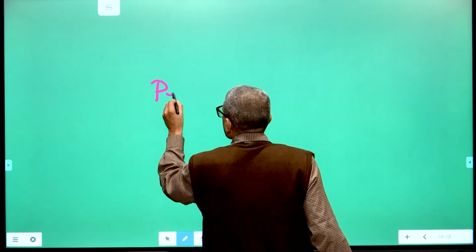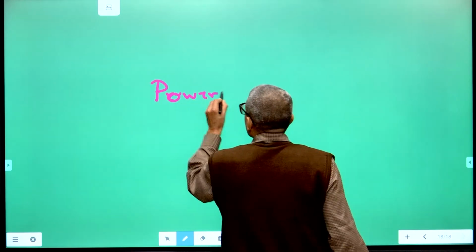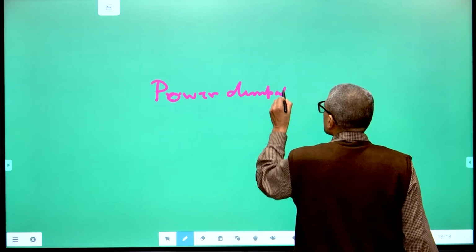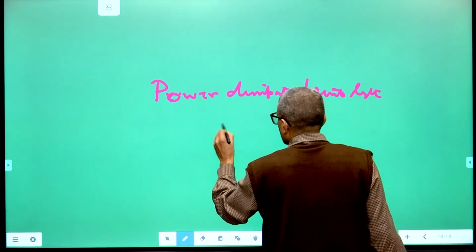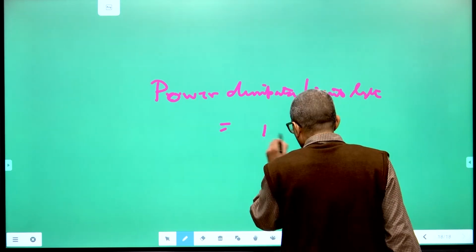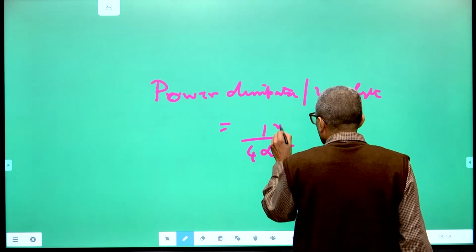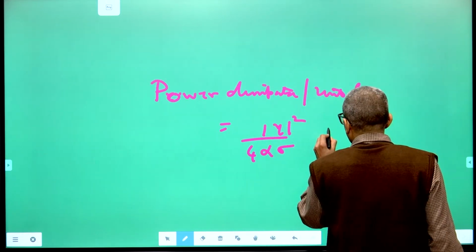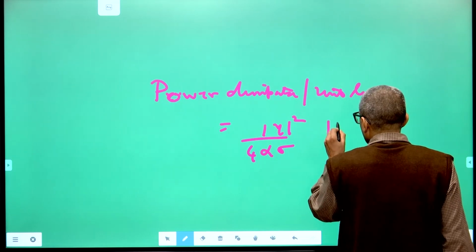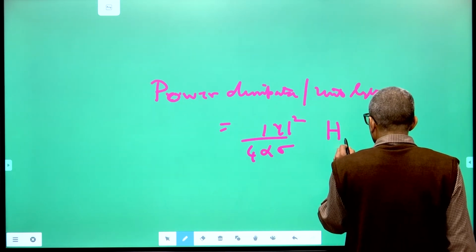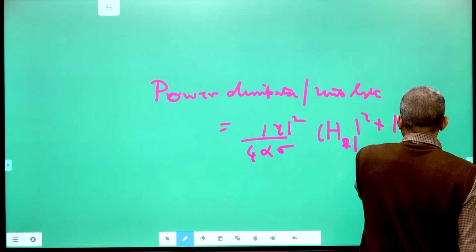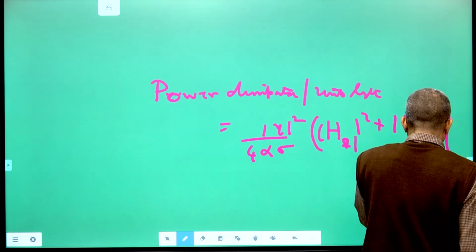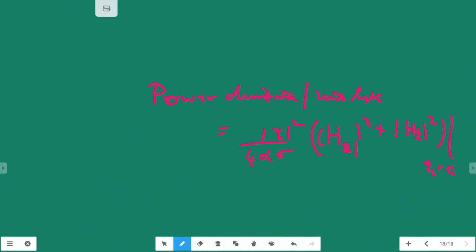So power dissipated per unit length is equal to 1 by 4 alpha sigma into mod gamma square multiplied by mod J square, which is nothing but H1 square plus Hz square at Q2 equal to C naught on the surface.